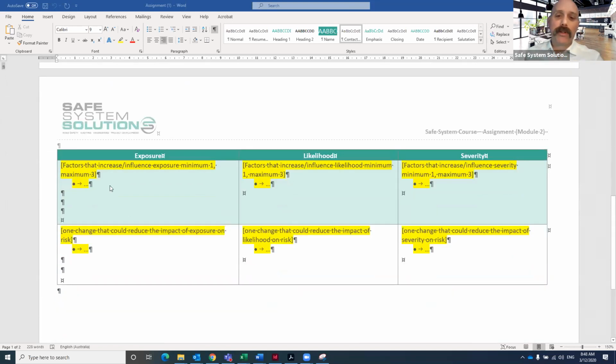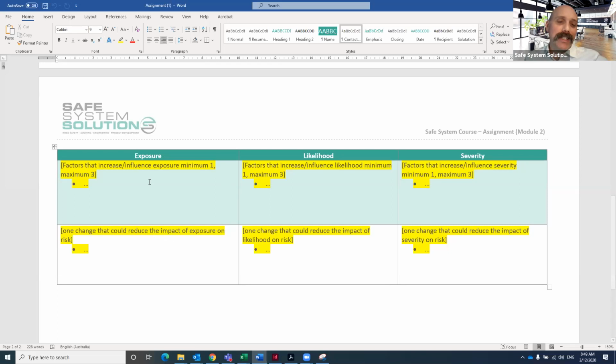And so this table is pretty easy. And of course, the columns are exposure, likelihood, and severity. And what we want you to do is put in between 1 and 3 factors that increase exposure.